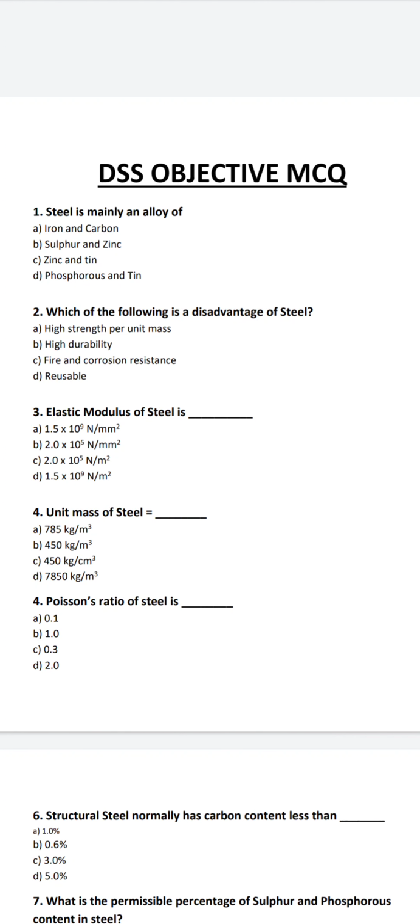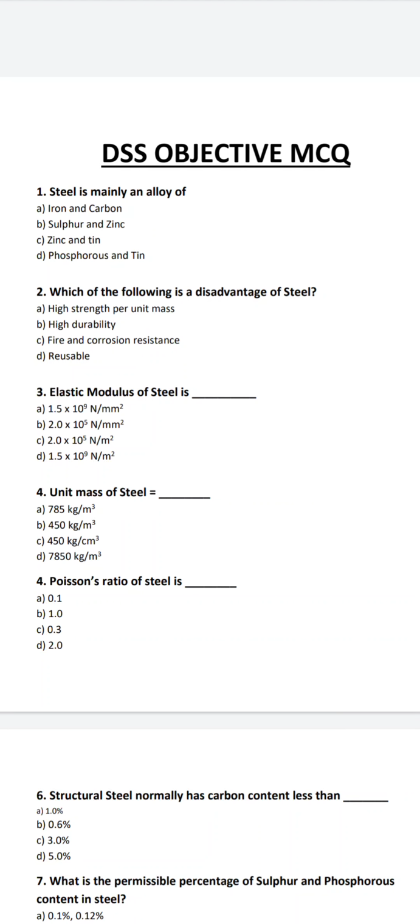We will move to the next question, question number 2. Which of the following is a disadvantage of steel? The four options are high strength per unit mass, high durability, fire and corrosion resistance, reusable. For this, your answer should be fire and corrosion resistance. Why?